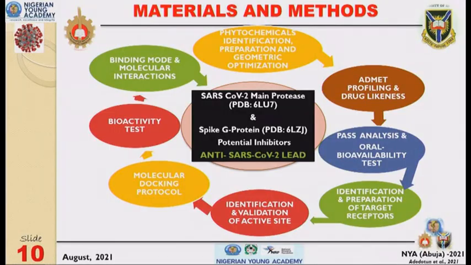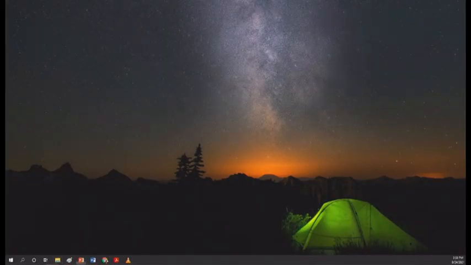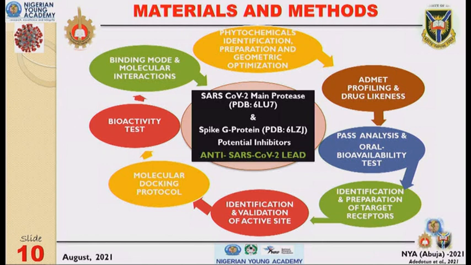As I've said earlier, we use 6LU7, SARS-CoV-2 main protease, and spike glycoprotein, which are of excellent qualities that I will explain further in the results and discussion. We validate the active site using the popular software known as CASTp, as well as BIOVIA Discovery Studio. And at the end of the day, we have just 9 ligands that we dock against our target receptor.